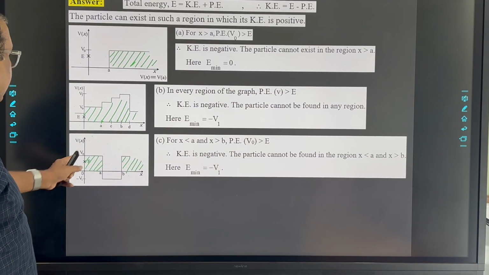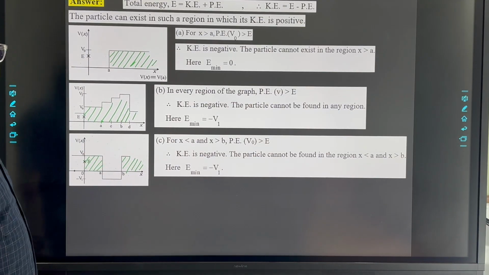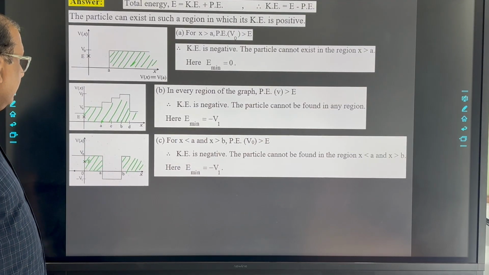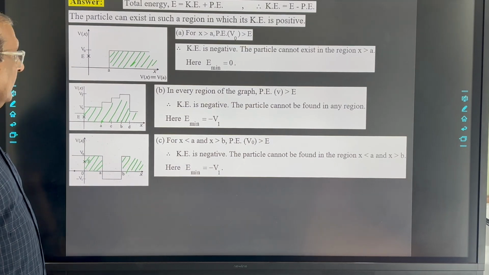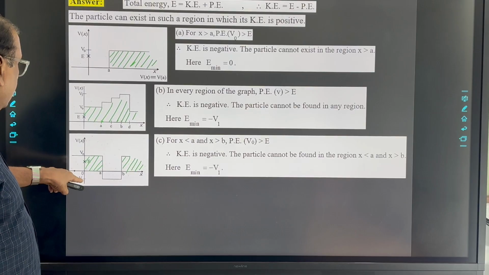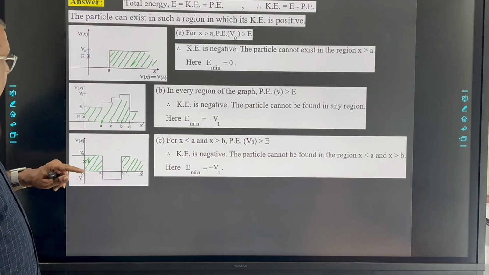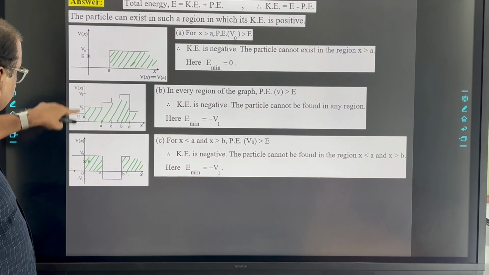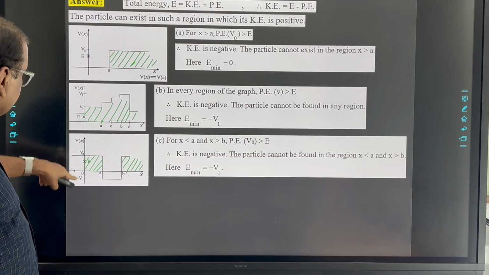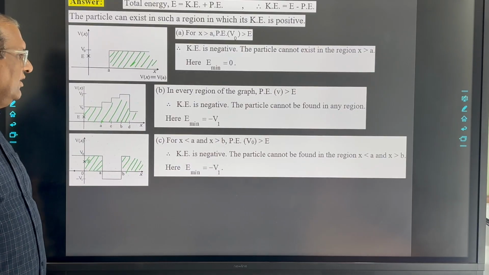Kinetic energy will be negative, so the particle cannot be found in these regions, right? And E minimum should be equal to minus V1. Actually, there is a printing mistake in this graph also. On this side, there is minus V1. Keep this in your mind.